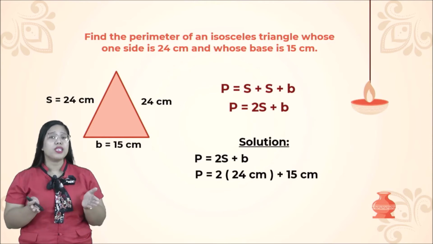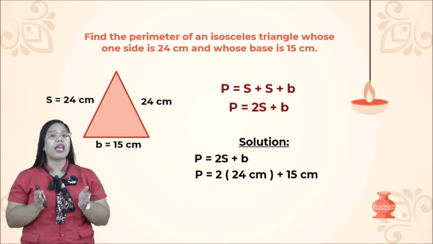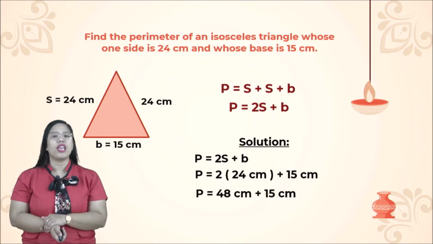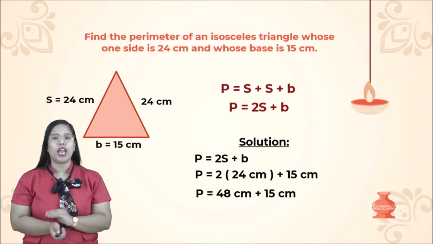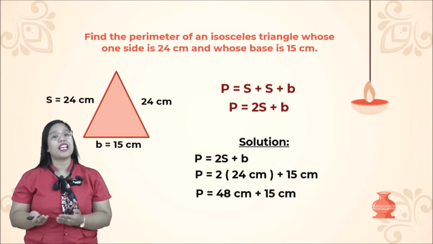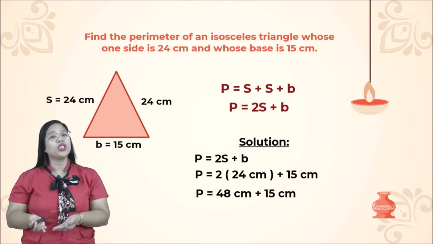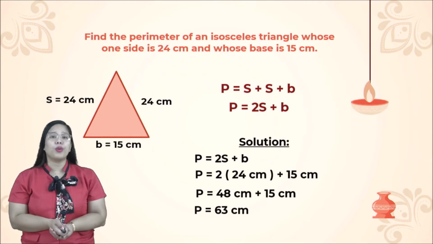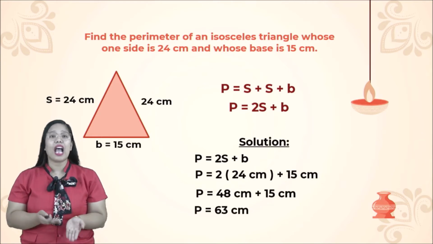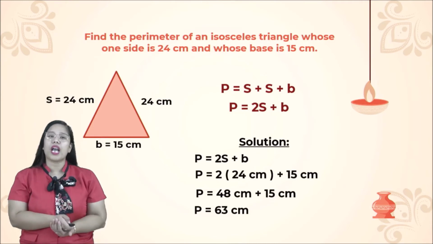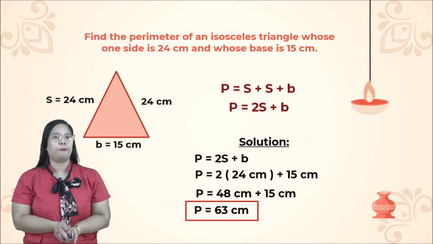First, kids, we need to multiply 2 times 24. So 2 times 24 is 48 centimeter. And then we will just copy plus 15. Now we are going to add 48 and 15. So we have 63, and our unit of measure is centimeter. So our perimeter will become 63 centimeter.